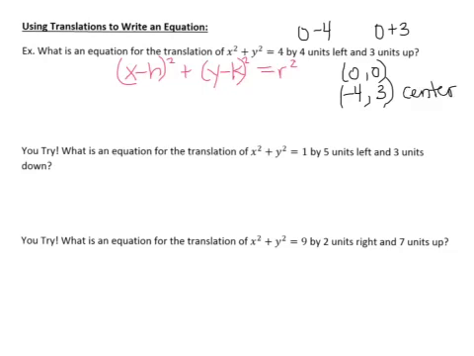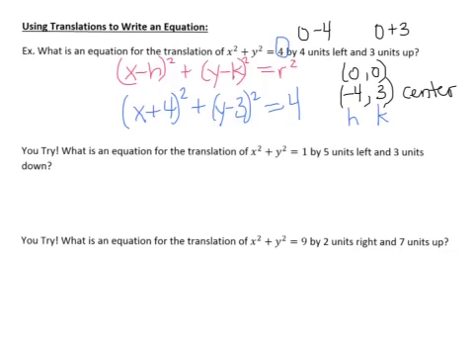Notice it doesn't say anything about my radius changing. So to write the equation for this translation, I just need to fill in my new center. So my new h is negative 4, my new k is 3. So I have (x plus 4) squared plus (y minus 3) squared, and that's equal to my radius squared, and my radius, again, didn't change, so it's just 4.